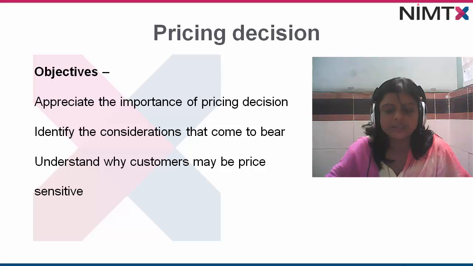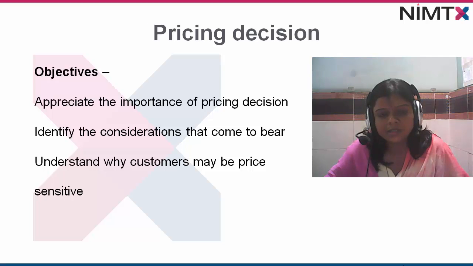The first P you have studied, that was the product. Related to the product, you studied most of the concepts and you have covered them in unit 2, and we are going to discuss in unit 3 the second P, that is known as the price.